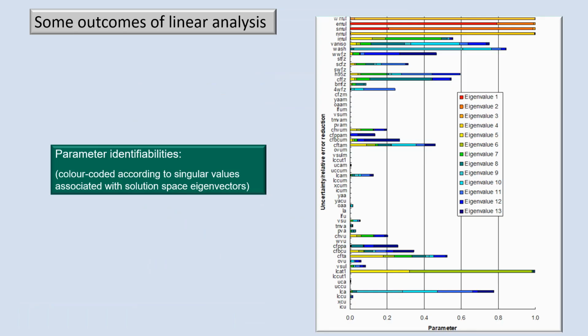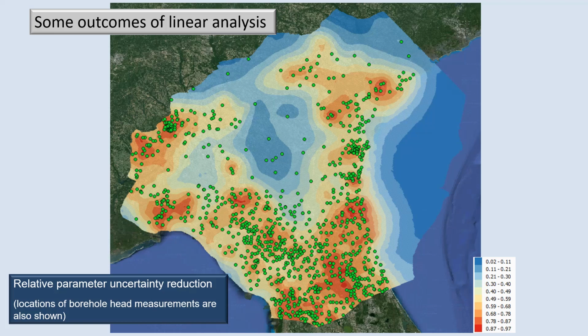Here's a graph of parameter identifiability as calculated using one of the linear analysis utilities. Here is a map of uncertainty reduction of all the parameters in a certain layer of a groundwater model.